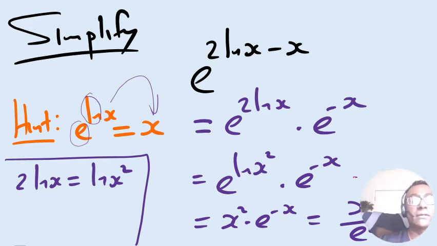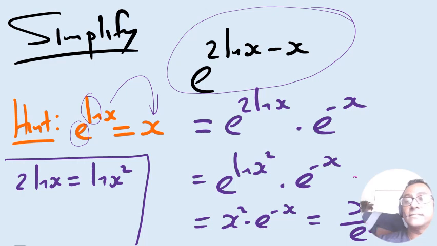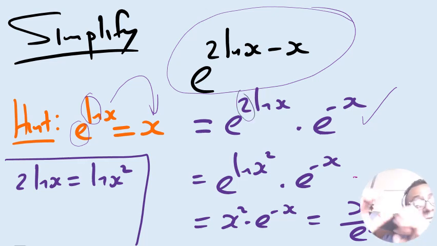So if you have a look at this one over here, and they say simplify, you notice the first thing is e to the 2 ln x minus x. You can write that as a product of e to the 2 ln x times e to the minus x. I think we're all happy with that. The problem here is the 2. We want e to meet ln directly.